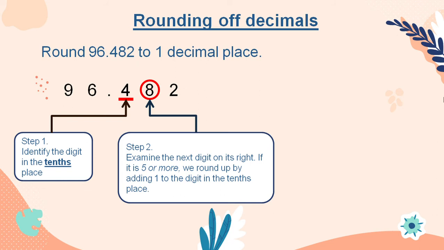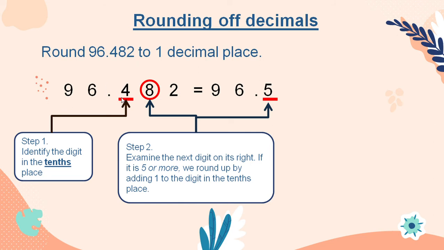Because it is 8, you need to round up by adding 1. So before it's 4 and now it's 5. Because this is 8, you need to round up by adding 1 to the digit in the 10th place.